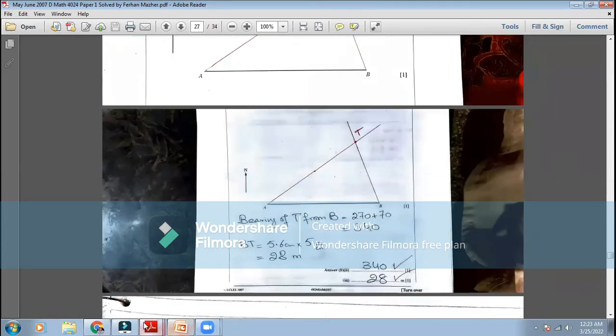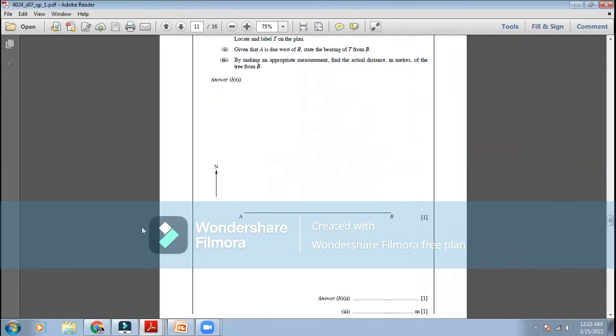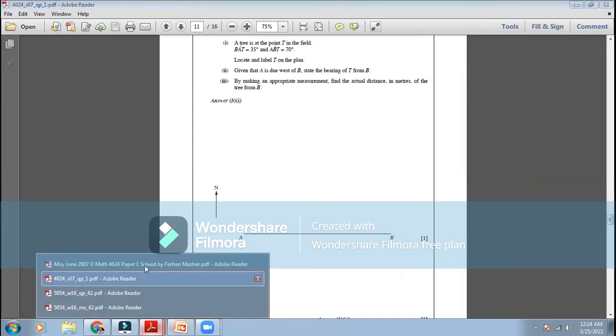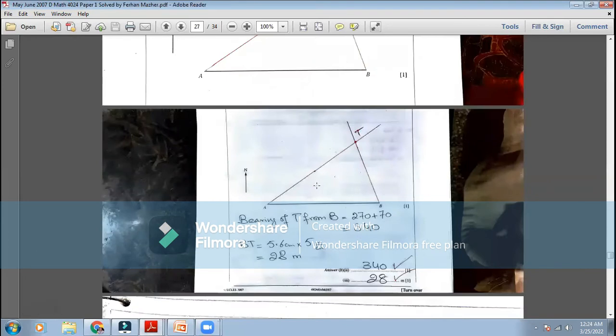Okay. So the next part they are asking is, given that A is due west of B, state the bearing of T from B. Now we have to find out the bearing of T from B. If here you have north, up, because A is in the west, from north clockwise up till here it will be 270, and this angle is 70.